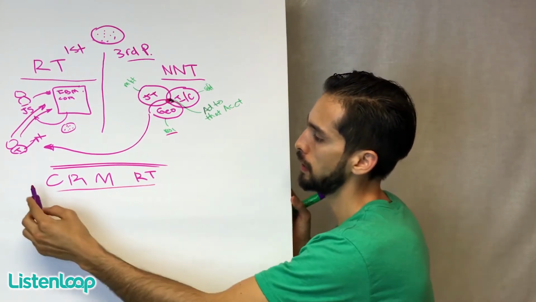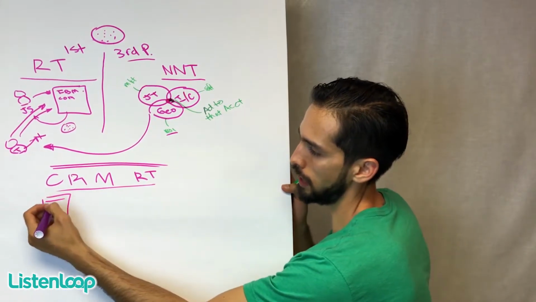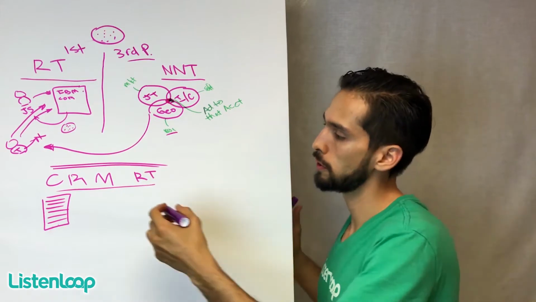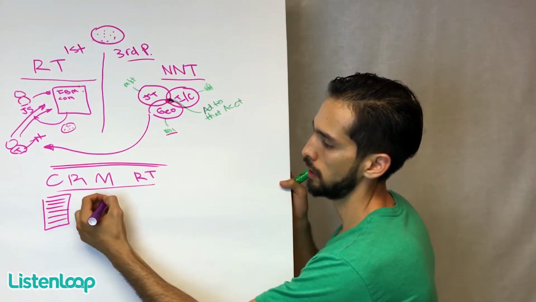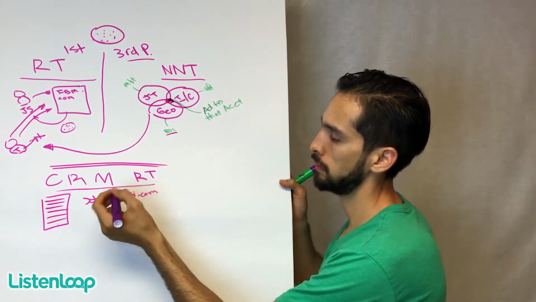Let's dive into that. So CRM retargeting usually takes a list of contacts, maybe a CSV file or some kind of connection to your Salesforce, and it provides email addresses. Let's call it john@city.com.